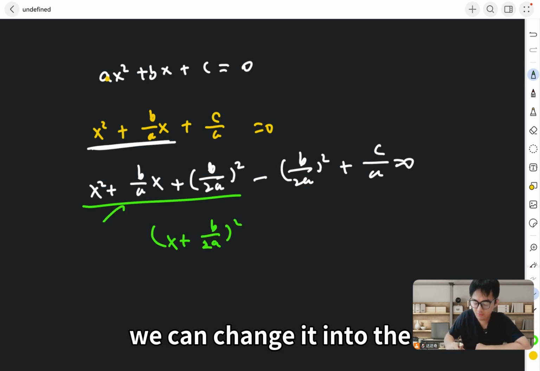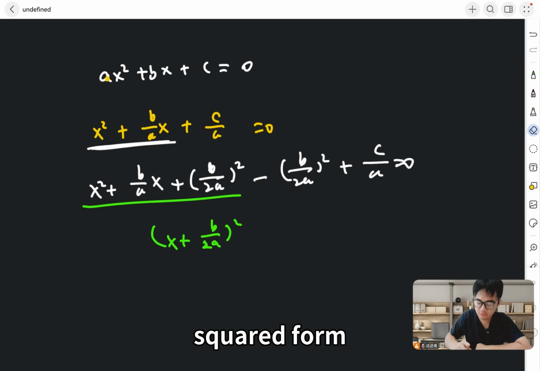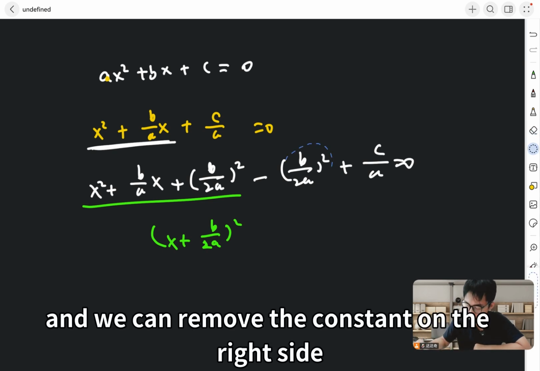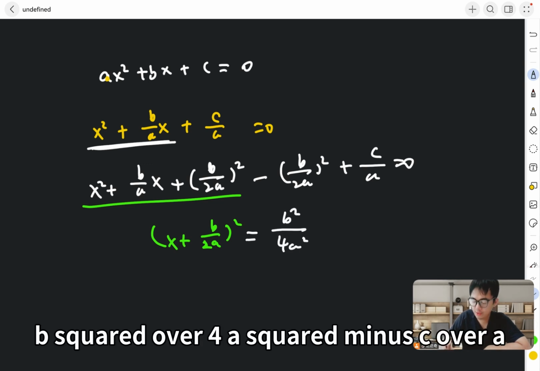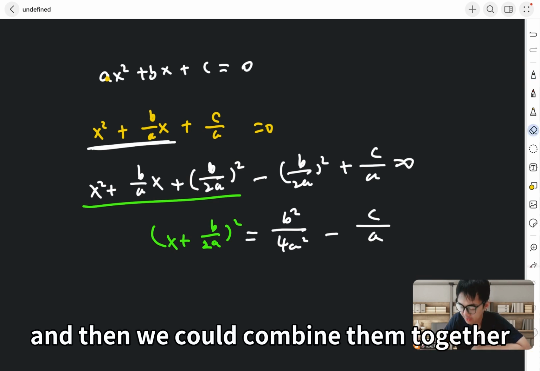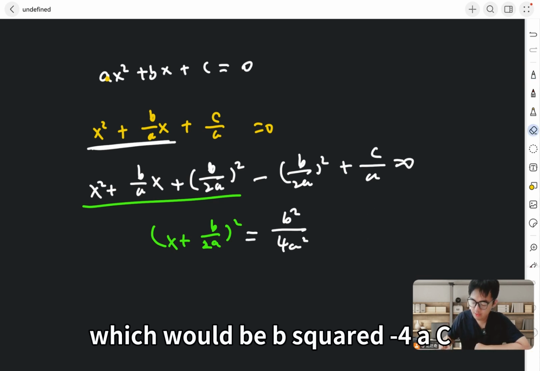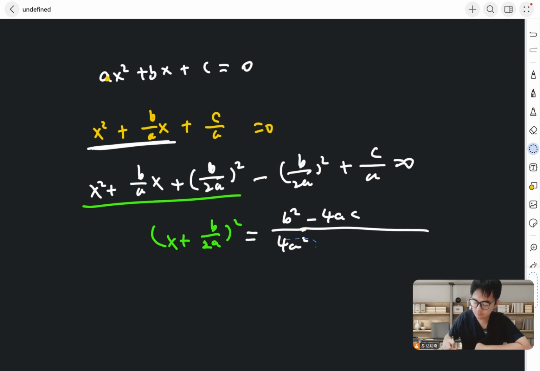We can change it into the squared form, and we can move the constant to the right side of the formula. So it will be b squared over 4a squared minus c over a. And then we could combine them together, which would be b squared minus 4ac.